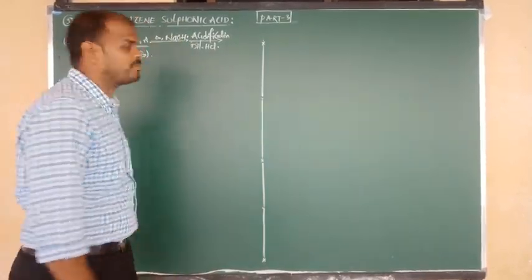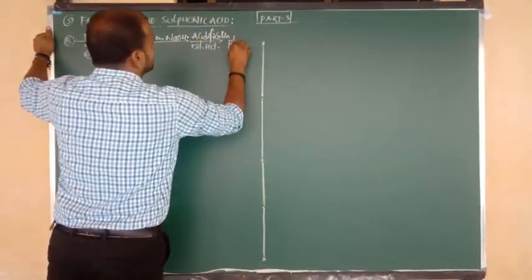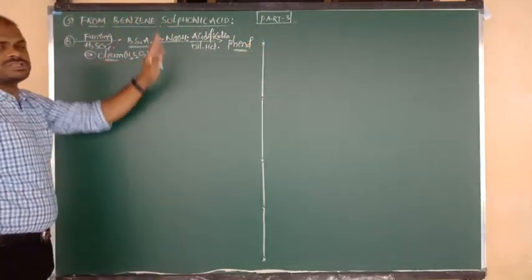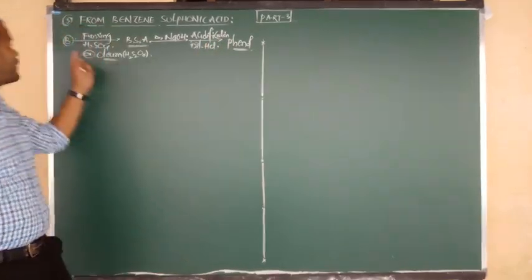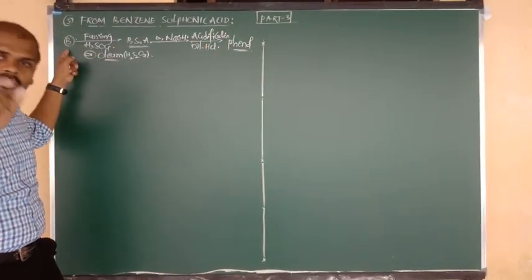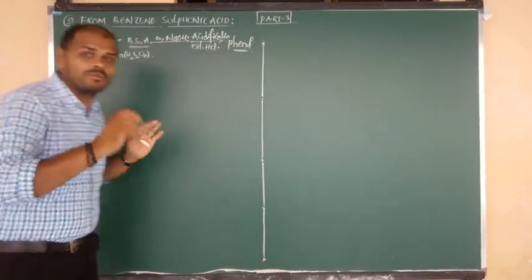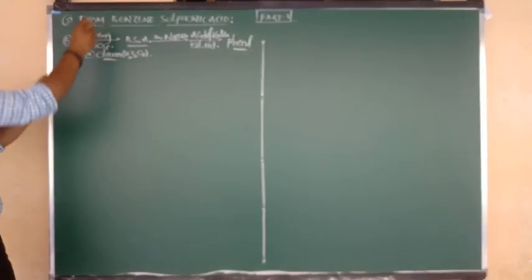The last step is common. Upon acidification, finally you get the product, phenol. The same question they can ask you in another way: give the preparation of phenol from benzene via the sulfonation method. Now I am going to say the statement once again, so try to be focused.